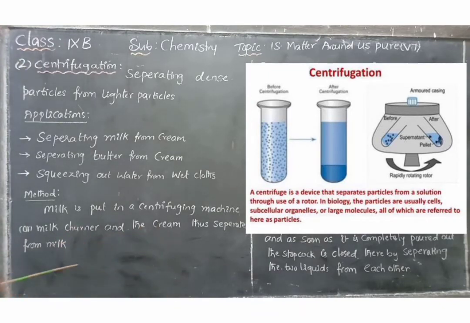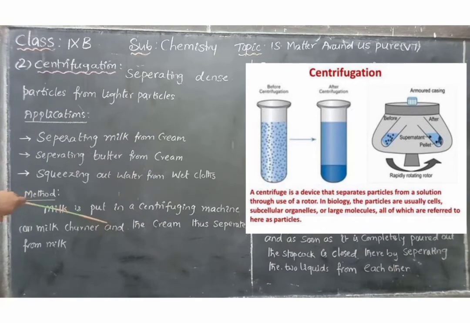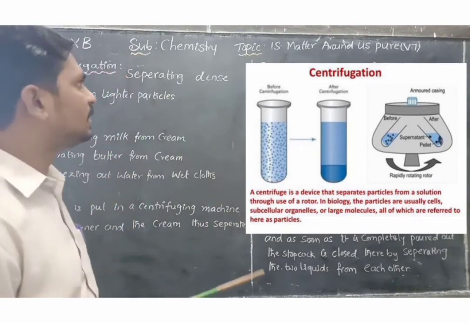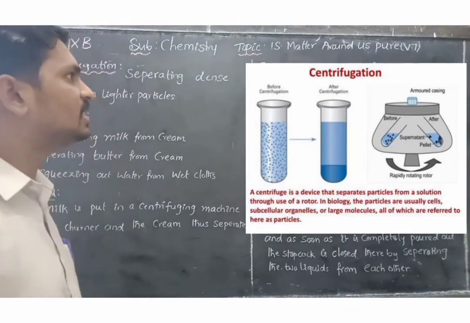The cream separates from the milk, and the entire milk is separated. By using this technique we can separate the cream from the milk. The technique is called centrifugation. You can read the textbook. By doing the activity you can easily understand.